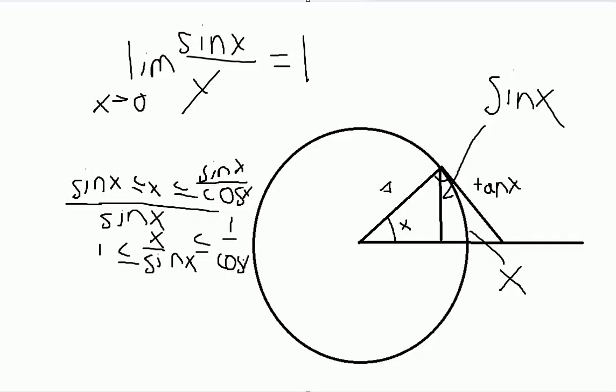And so the value of cosine x, as x goes to 0, is just going to be equal to 1. So this means that by the squeeze theorem, x over sine x approaches 1, or that sine x over x goes to 1.